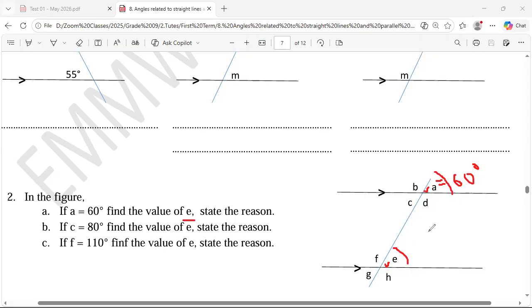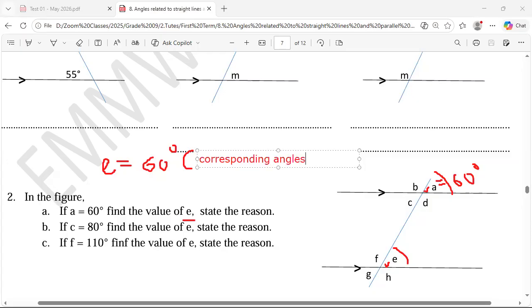Corresponding. So you can directly write E equals 60 degrees. The reason: corresponding angles. This is the answer for part A.